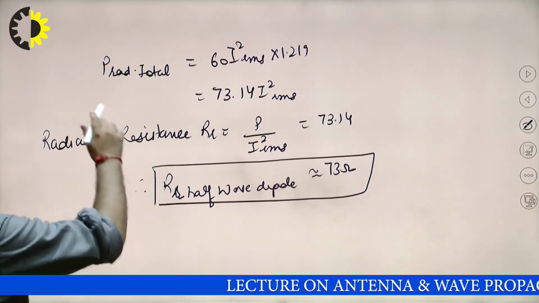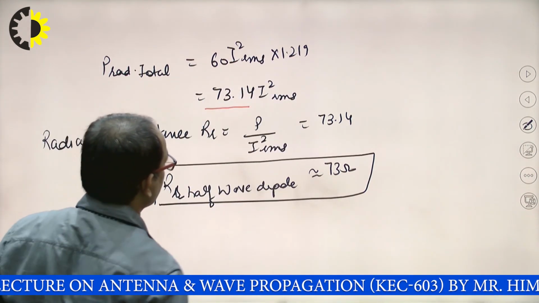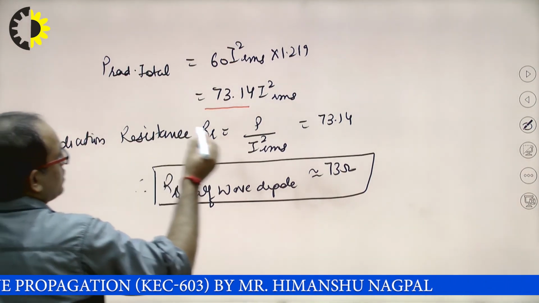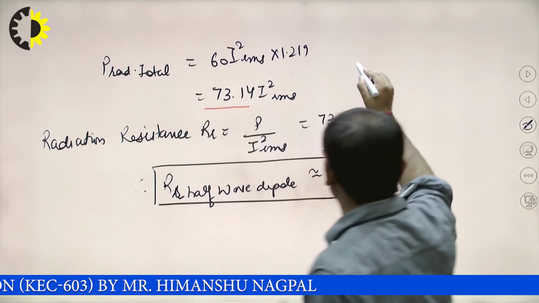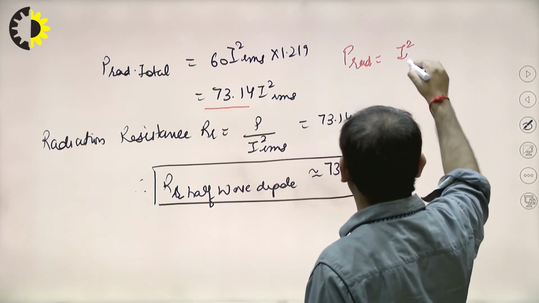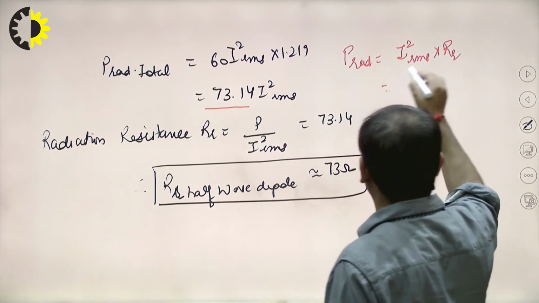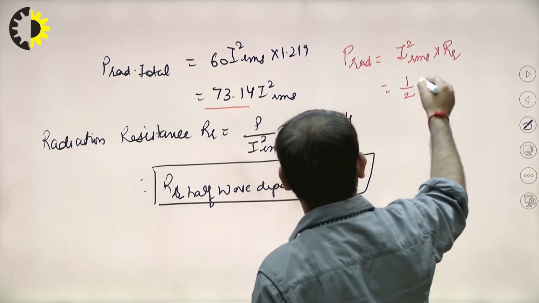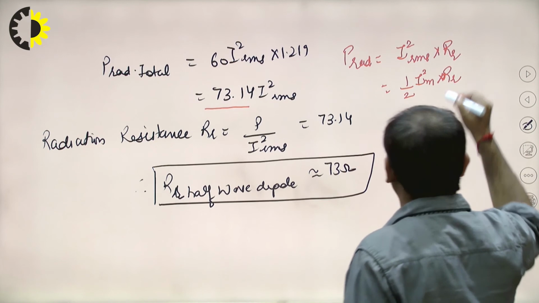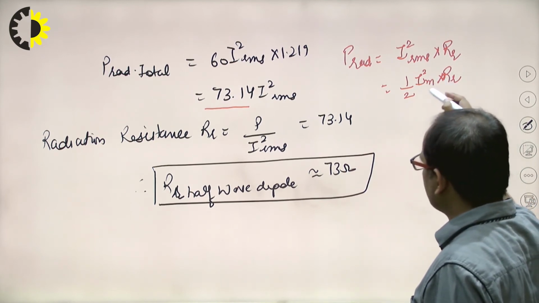Now the total power radiated comes out to be 73.14 I squared RMS, and therefore, as we know, the total power radiated is equal to I squared RMS multiplied by R radiation, or you know that is equal to 1 by 2 I squared M into R radiation, or I average, you can say that.